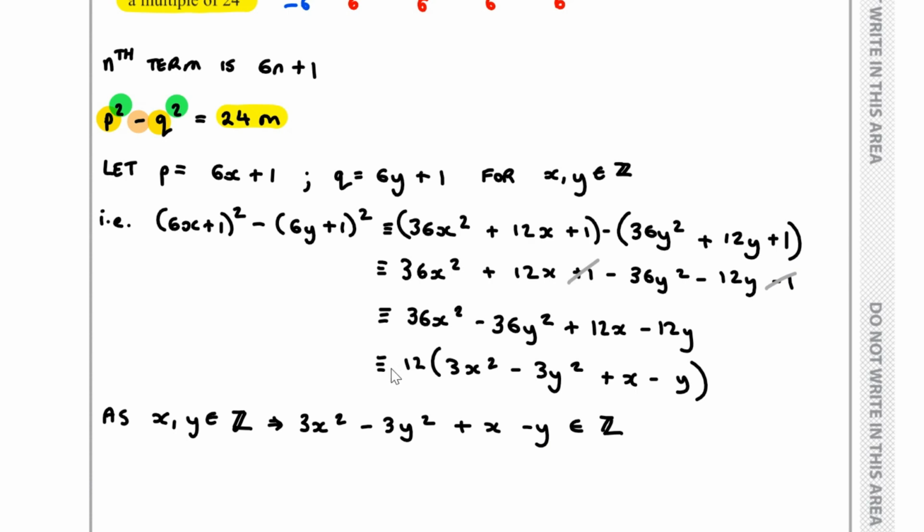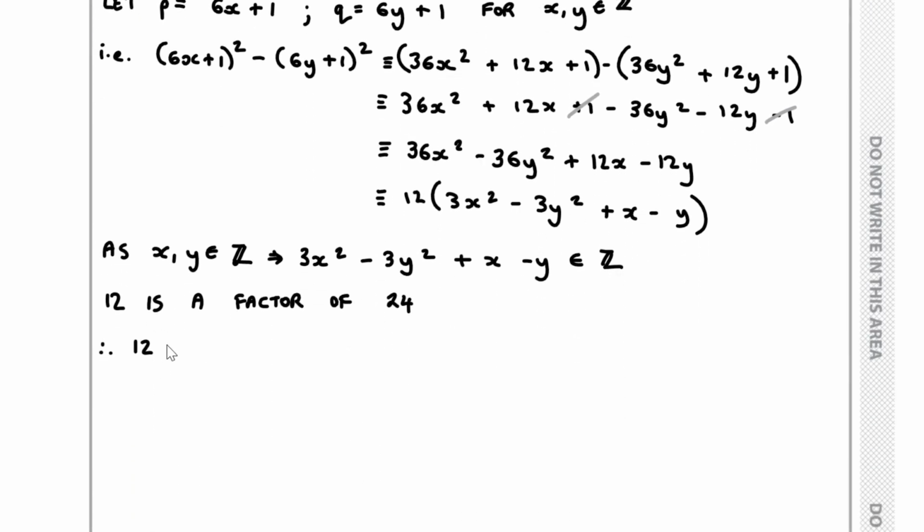And 12 is a factor of 24. So therefore, what we can conclude is 12 lots of some integer is always a multiple of 24. So that's how we approach this question.